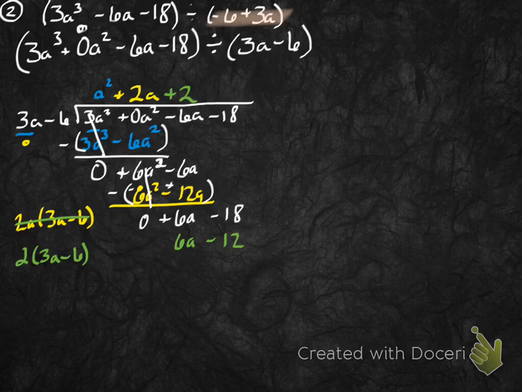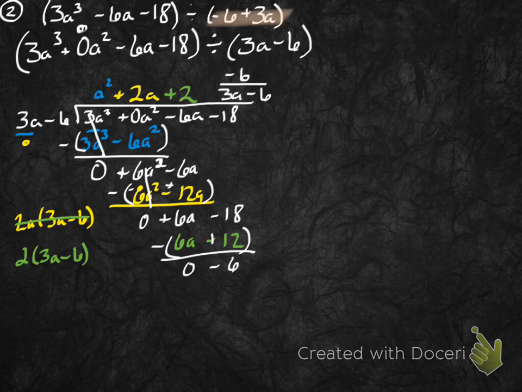When I subtract, 6a minus 6a is 0. Negative 18 minus a negative 12 is going to be negative 18 plus 12, which is negative 6. So my remainder is negative 6 over 3a minus 6.